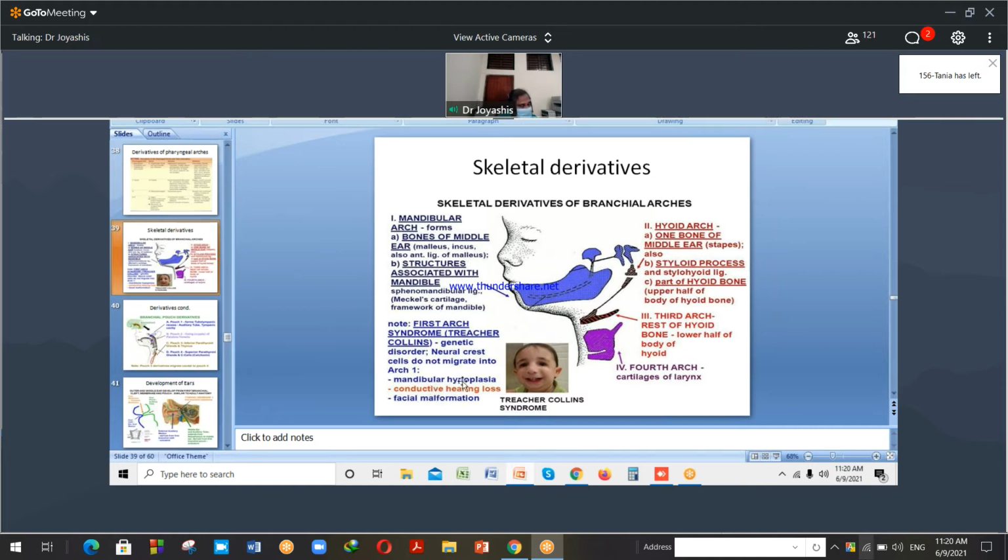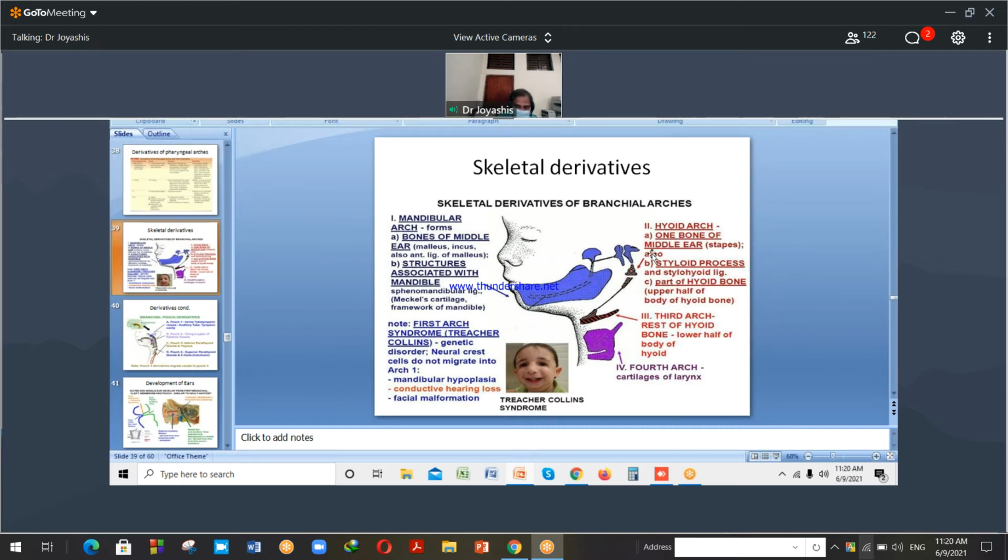These three are collectively known as first arch syndrome or Treacher Collins syndrome. This syndrome may develop in a fetus due to failure of the movement of neural crest cells to the first arch. And the second pharyngeal arch, that is the hyoid arch, overgrows the third and fourth arches.